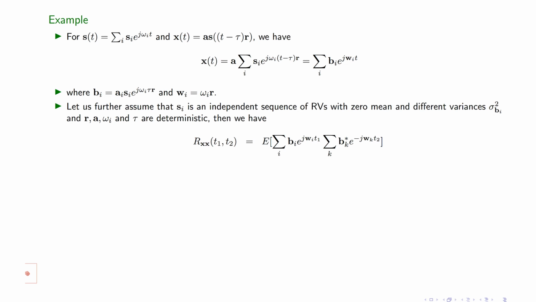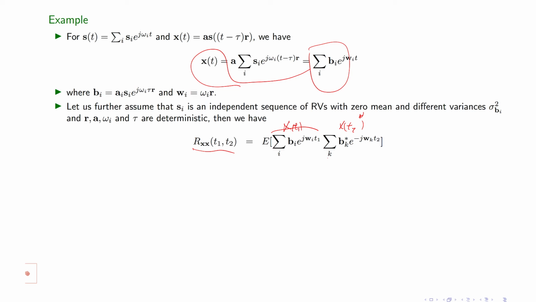So using this equation, I could try to calculate the autocorrelation of the received random process. Obviously, this is x of t1, and this is x of t2 conjugate.